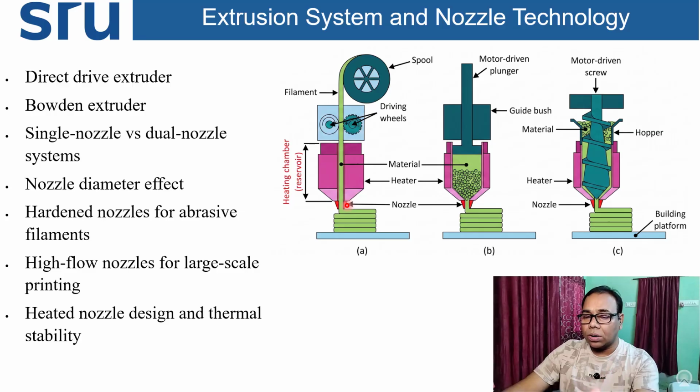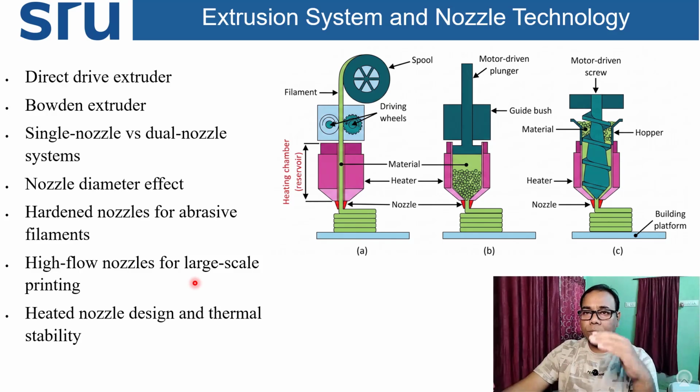A lot of companies nowadays are manufacturing the nozzle itself, coming with innovative materials. Similarly, high flow nozzles for large scale printing. As we discussed, you can increase or decrease the diameter of the nozzle. So what will happen to the quality of the part? If a bulk amount of material is coming, definitely the one layer thickness will be more.